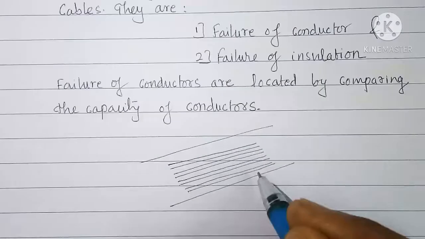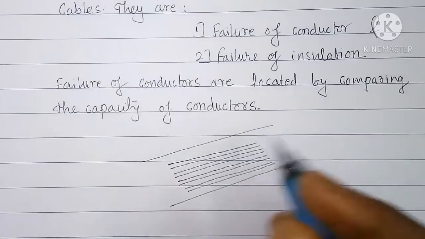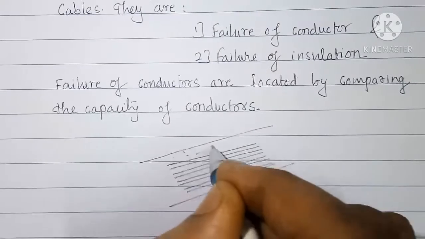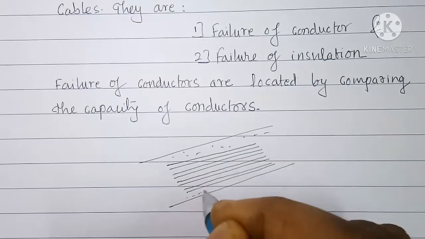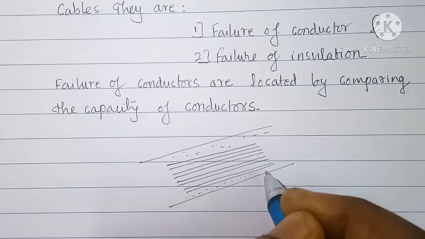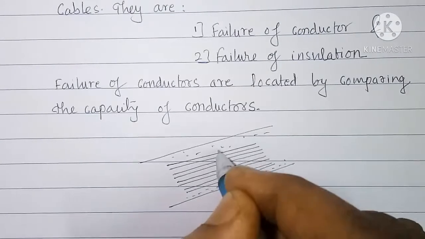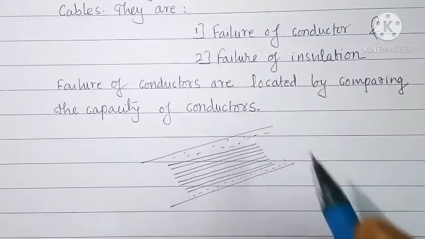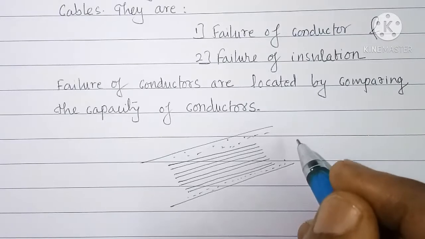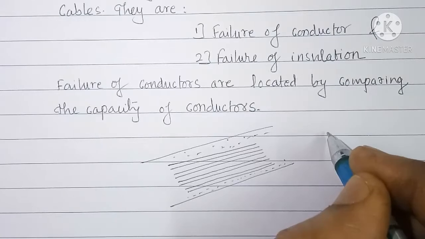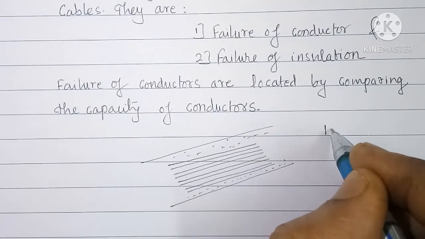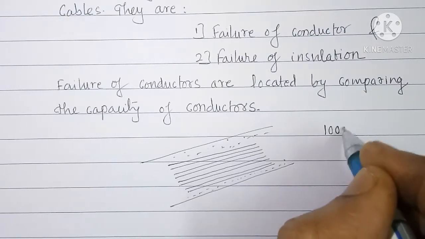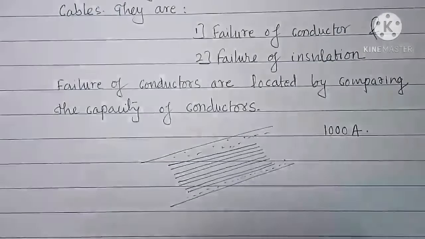Let us say we are having a cable with four conductors and insulation. And these four conductors are capable of carrying current of 1000 ampere.